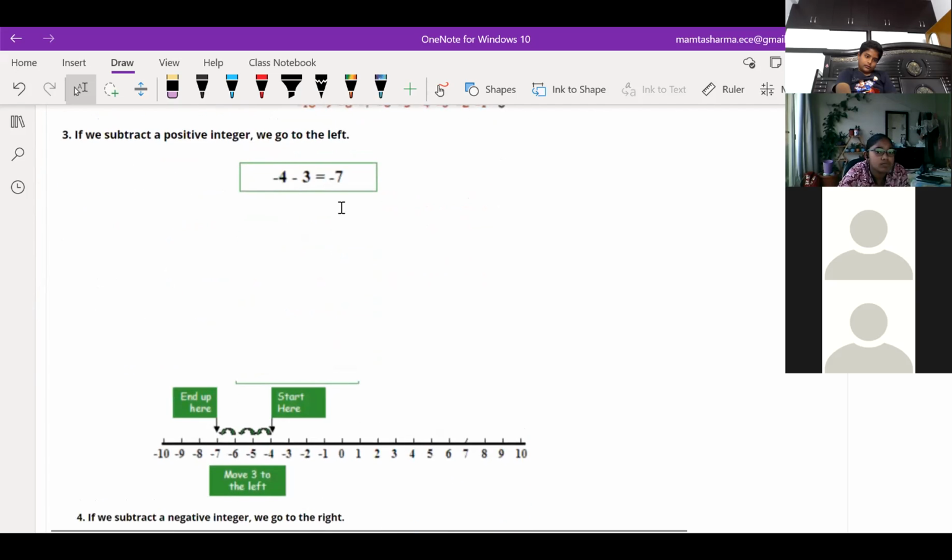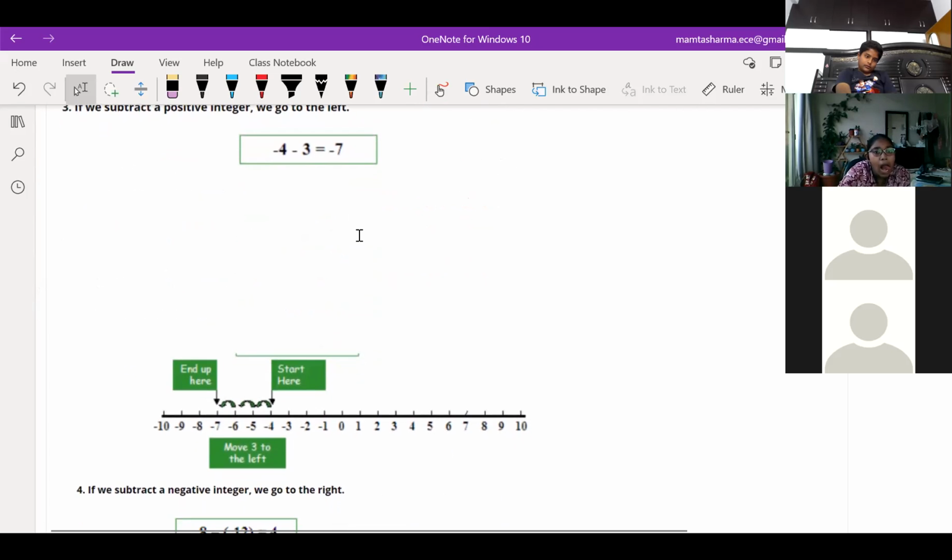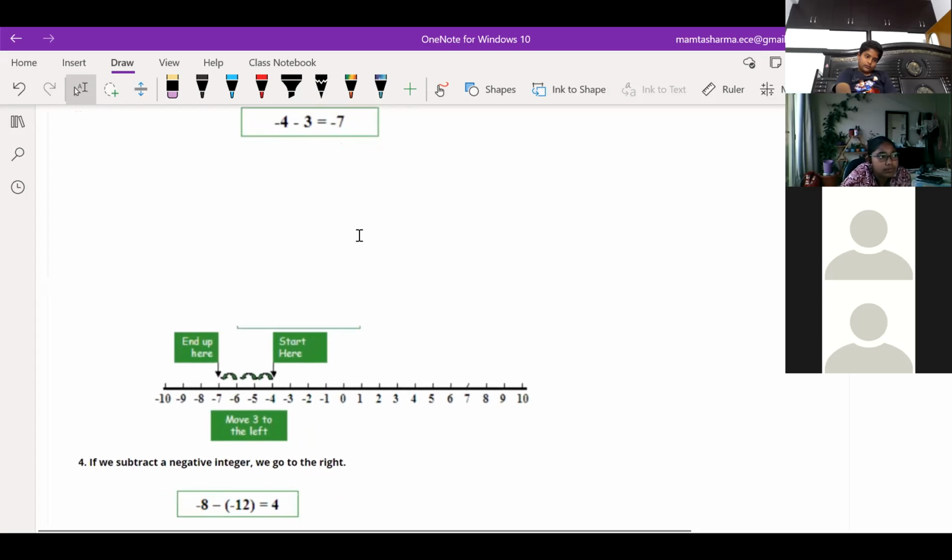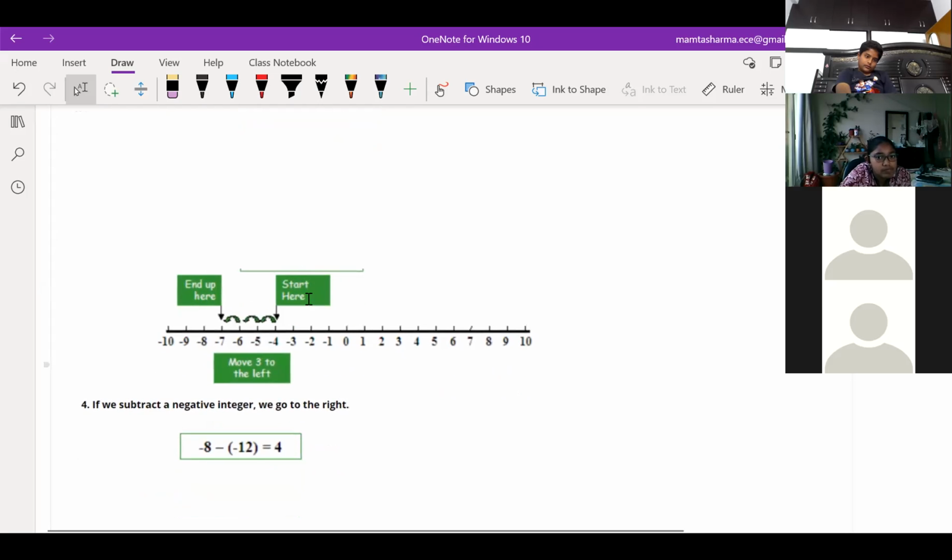Now, can you do this question? -4 - 3. Make -4 and then you move 3 places to the left, because it will be negative. Ma'am, my initial point is -4, and from -4 we have to move 3 steps left.